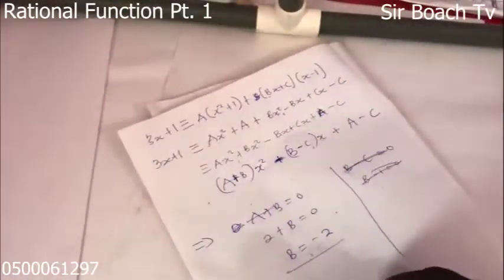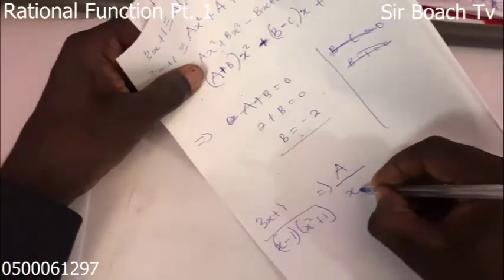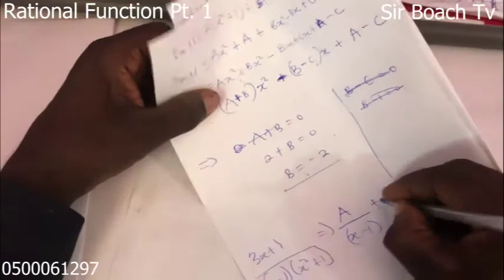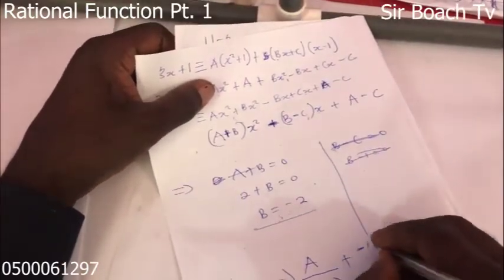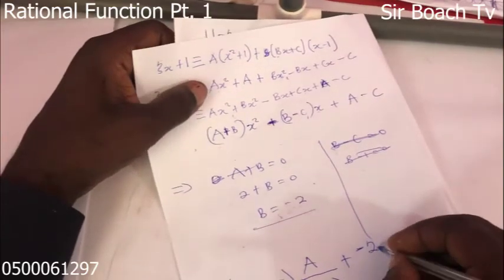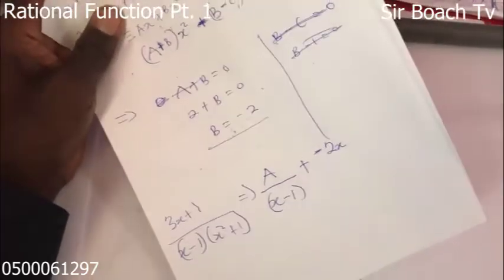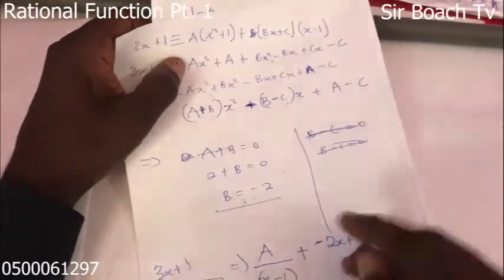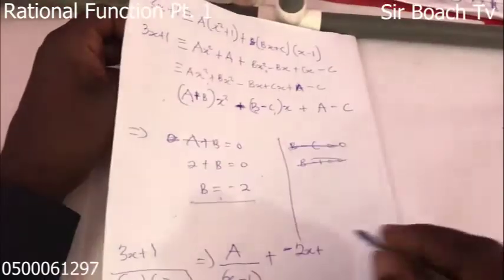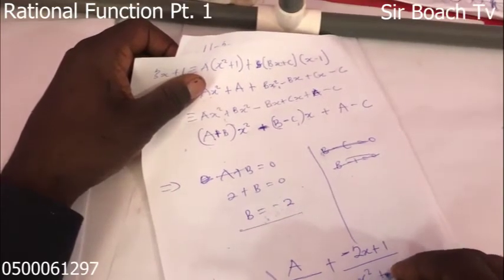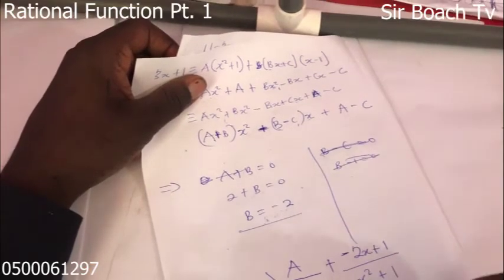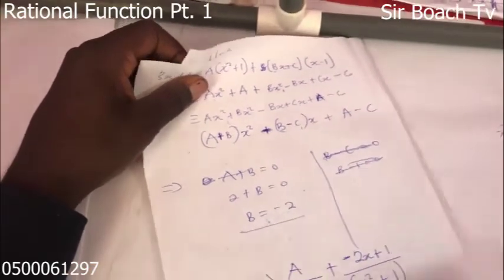So we are going to get a over, the fraction for a was s minus 1, bracket close, then plus, now our b, we had minus 2, so minus 2x, plus c, we had 1 all over s squared plus 1, bracket close. So that's our final answer.